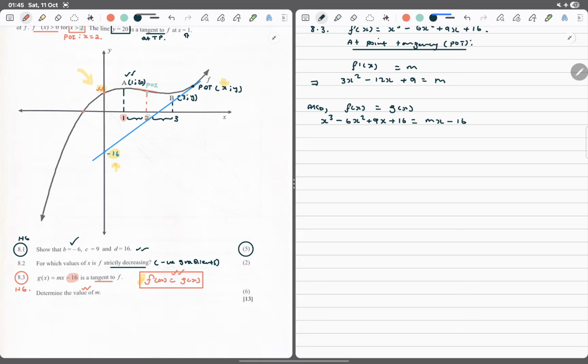Just move on. Sometimes you're going to get marks, at least for your efforts. What can we do? Maybe 2 marks there for the two equations equaling each other and then the first derivative.